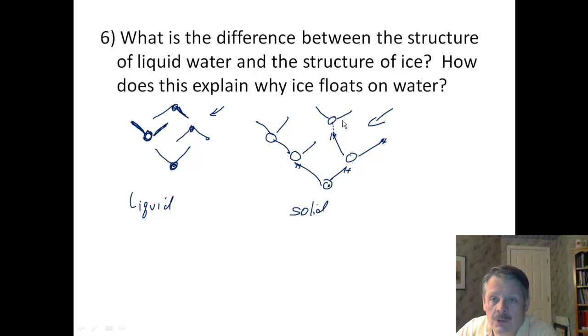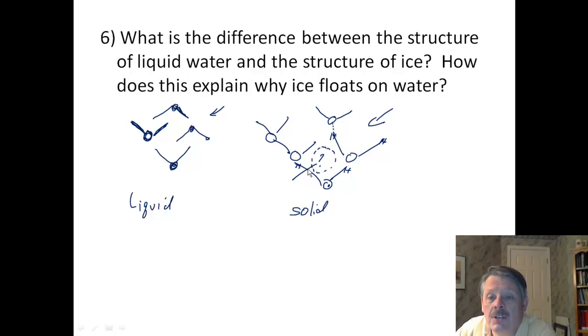Now, when you do this in 3 dimensions, what you find is that there are holes that are created in this crystal structure. So the molecules are holding together so they are not moving around. They're not jostling around. And we create these holes inside this lattice work of molecules.